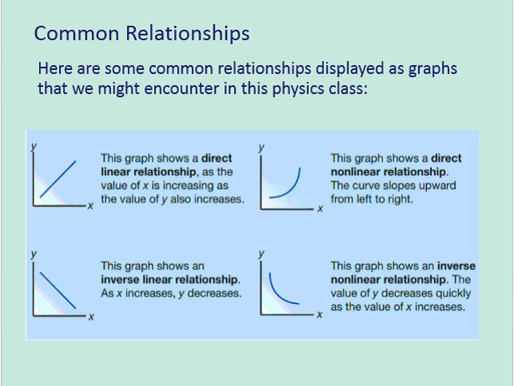But you just want to remember, if it's a direct relationship, it's usually a line is what we would say, and that is one variable goes up, the other one goes up. If one variable goes down, the other one goes down. That's when we talk about they do the same thing. When we talk about an inverse relationship, that's when we talk about as one variable goes up, the other one goes down. So they do the opposite things.